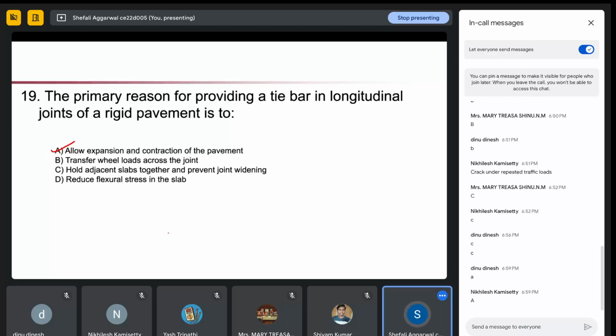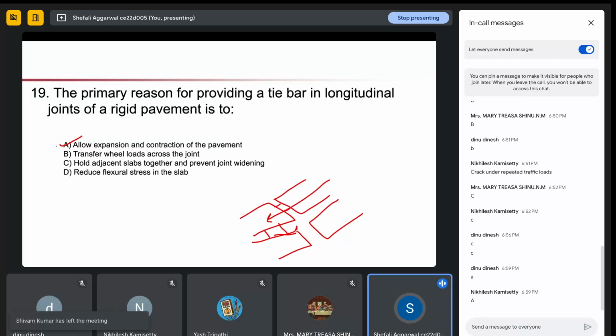If you remember, if this is one slab, this is another slab, and in the same way we have slabs here and here. At this joint we are providing dowel bars, and at this joint we are providing tie bars. In case of dowel bars, when there is a wheel load or increase in temperature, there are chances of expansion or contraction. Actually A is correct for both.